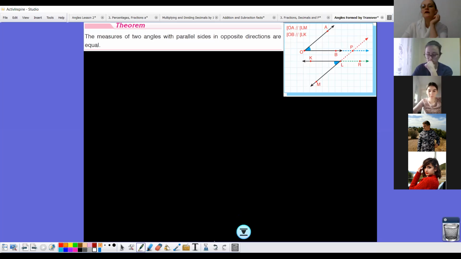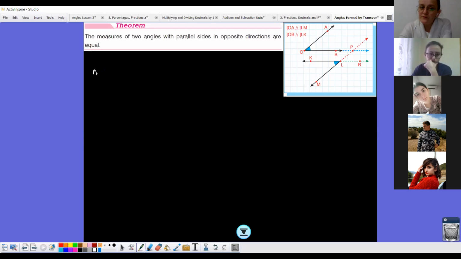Now we have another theorem here. It says the measures of two angles with parallel sides in opposite direction. In the previous theorem, it was in the same direction. Here they are in the opposite direction. Also, these angles are equal to each other.